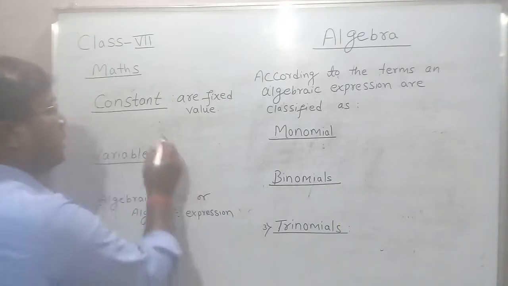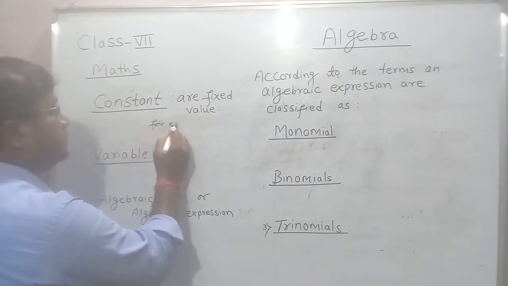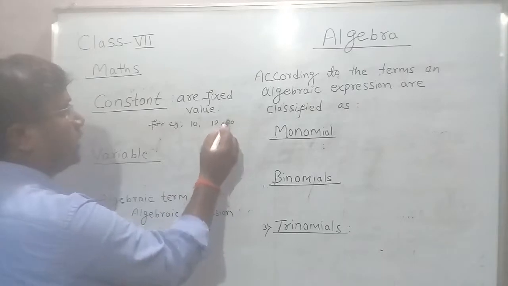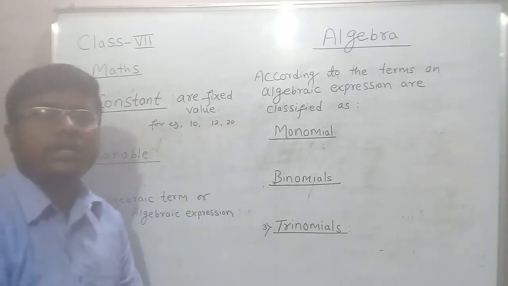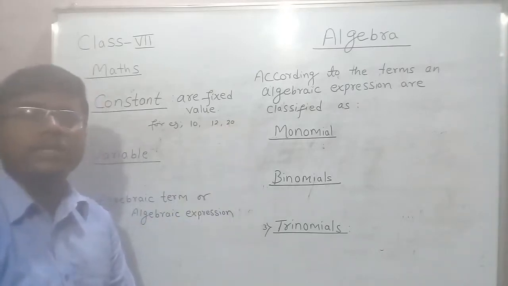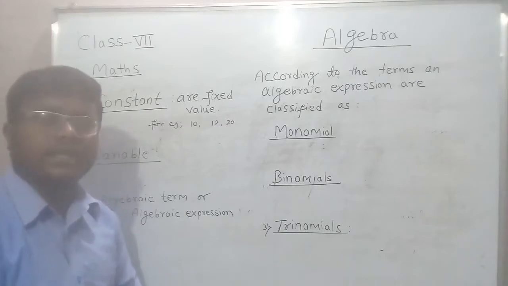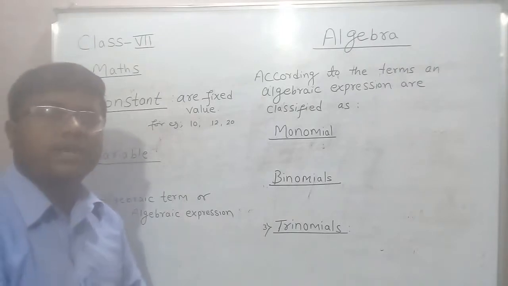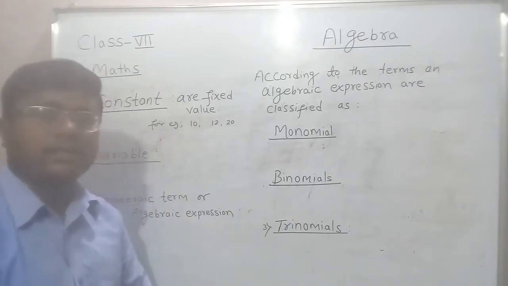For example, 10, 12, 20, 200, 500, 1000, these all are constants. If the value does not change, it is called a constant.